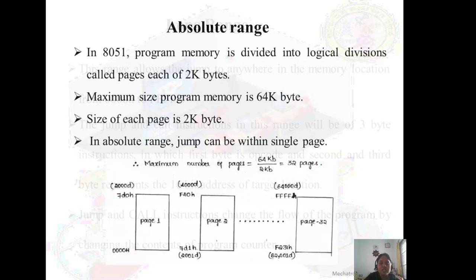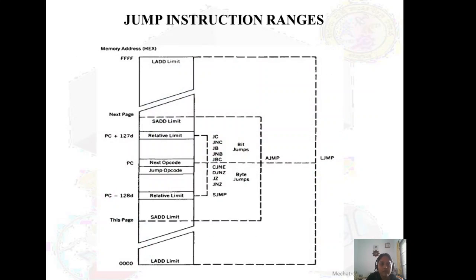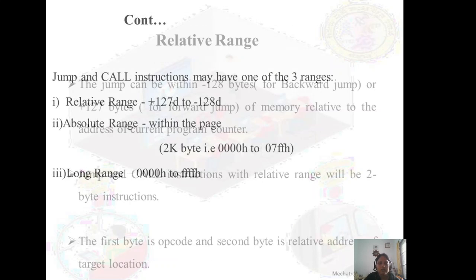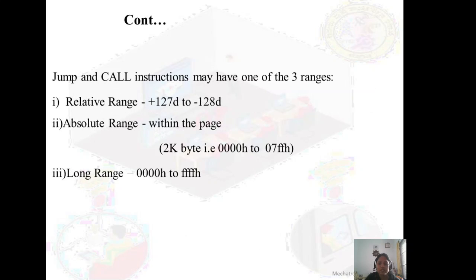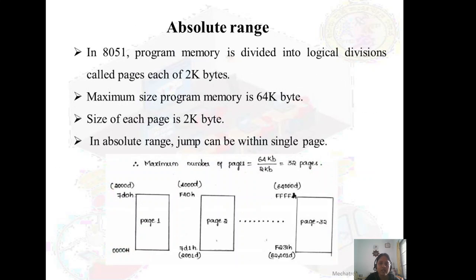Understood? If you see in the diagram, this is your absolute range, this page. The absolute range is from 0000H to 07FFH.